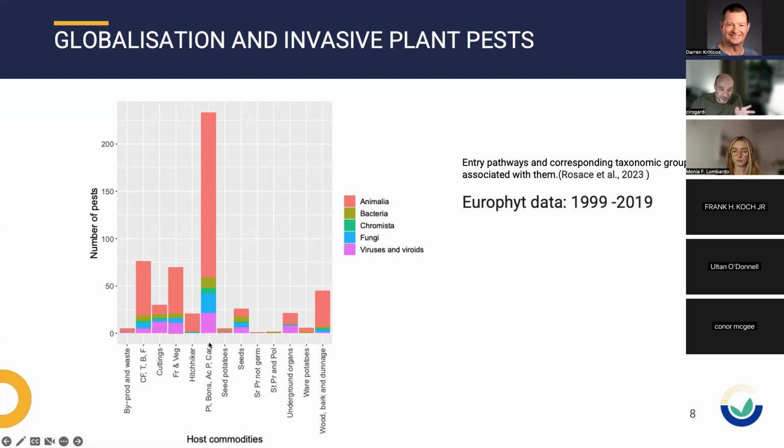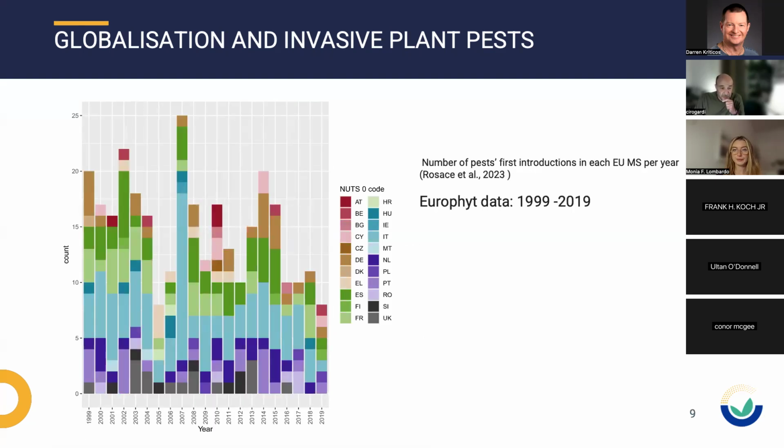These are very strange commodities, but overall, plants for planting have the highest bar. The other relevant pathways are, again, wood packaging material and also fruit and vegetables, and some others with lower values.